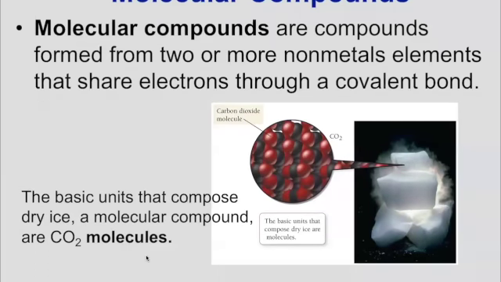They have to be nonmetals, and they are going to come together through a covalent bond. And remember that when you have a covalent bond, you are sharing electrons. So those are going to be your molecular compounds.